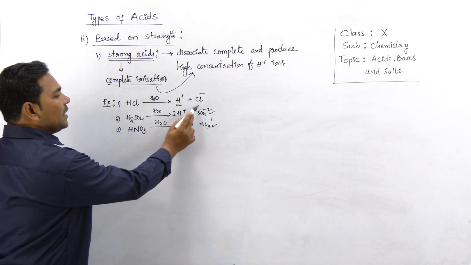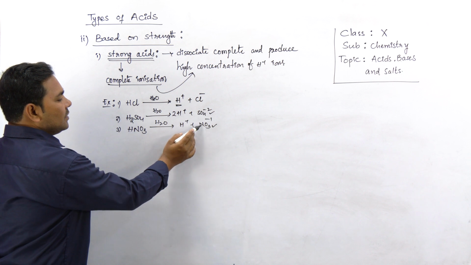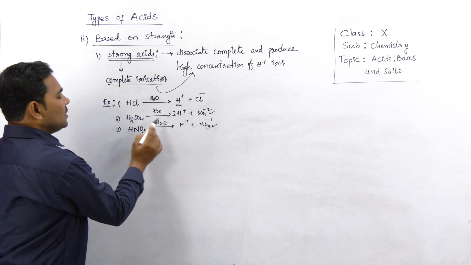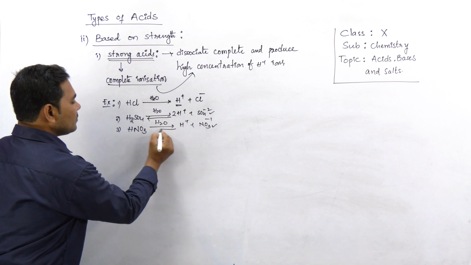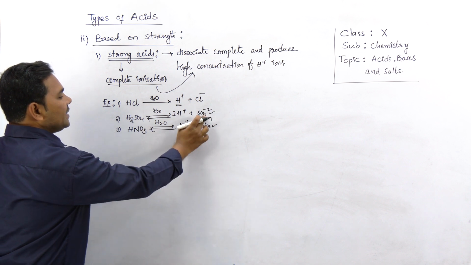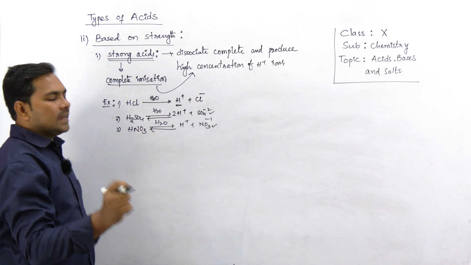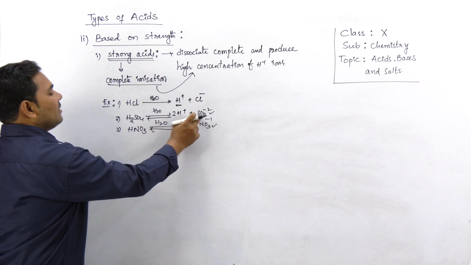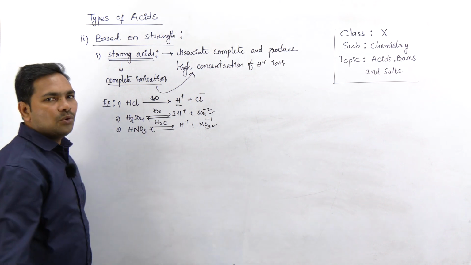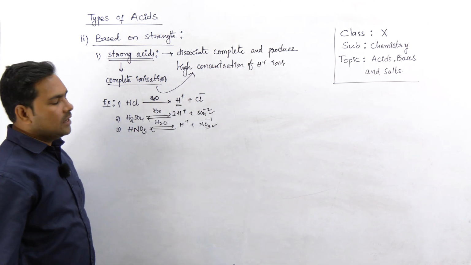Generally, any negative radical, sulfate, nitrate, when combined with hydrogen ions, produces, if you imagine the reverse reaction, their -ic acids. Nitrate ion produces nitric acid, sulfate ion produces sulfuric acid, chloride ion produces hydrochloric acid.